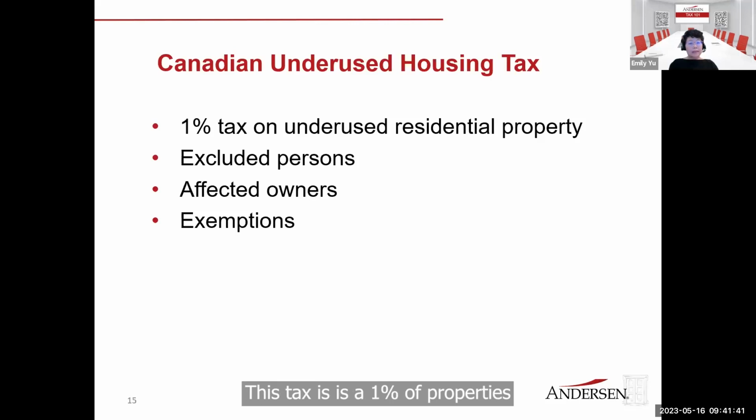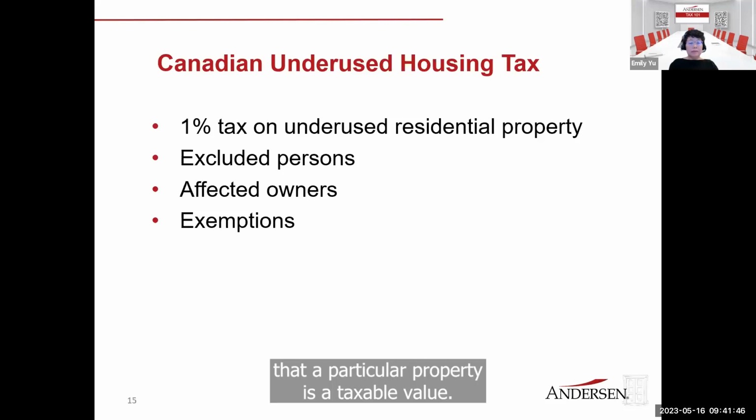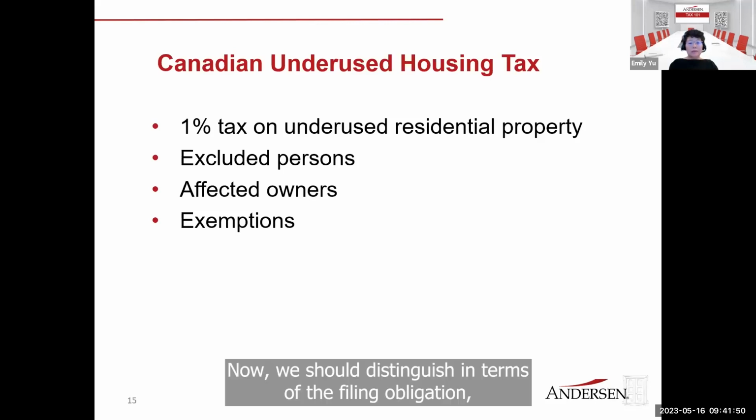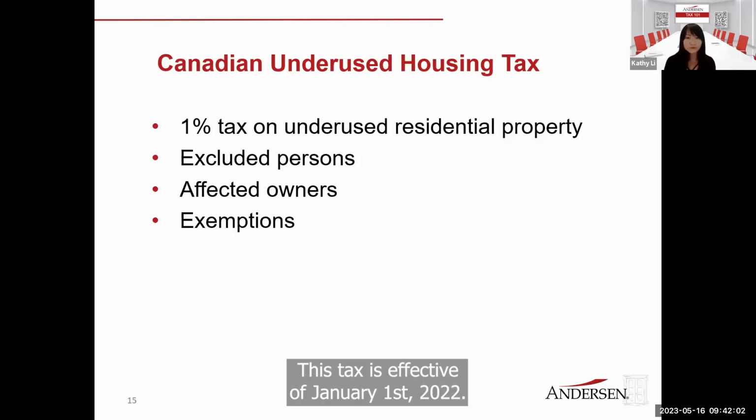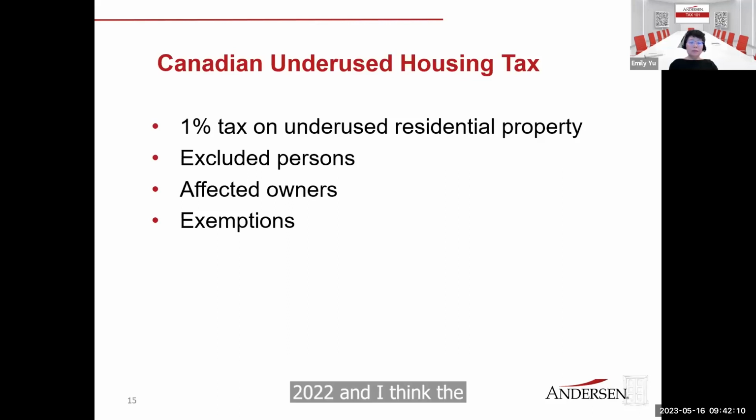This tax is 1% of the particular property's taxable value. Now, we should distinguish between the filing obligation, which could capture a lot of people, and people who are subject to actual tax liability. This tax is effective as of January 1st, 2022, and so it is applicable for the calendar year 2022.